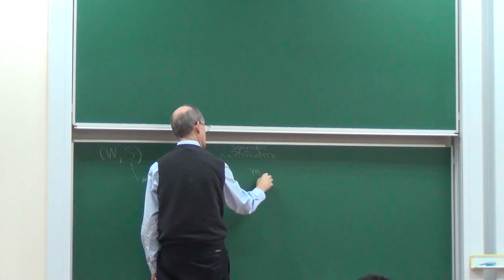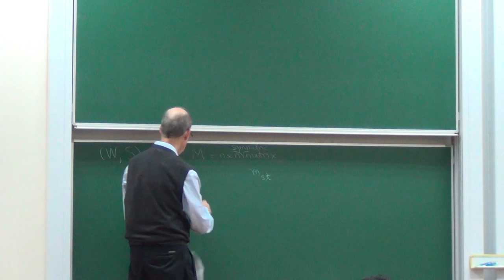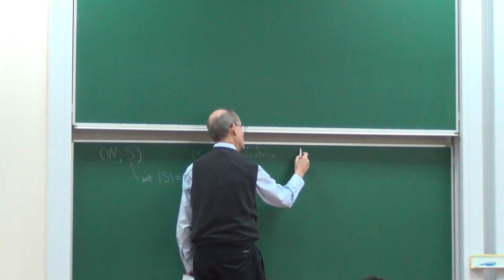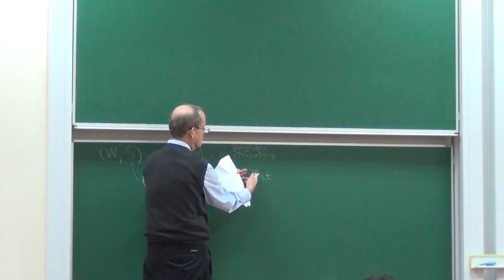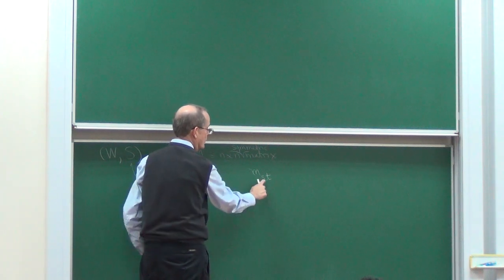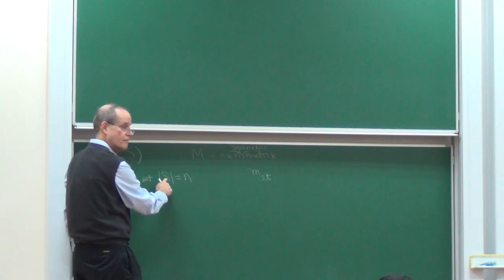And each of its entries, so S and T are 2 elements. So this is an n by n matrix, and we'll associate each entry in M with 2 parameters. These 2 parameters come from the set S.